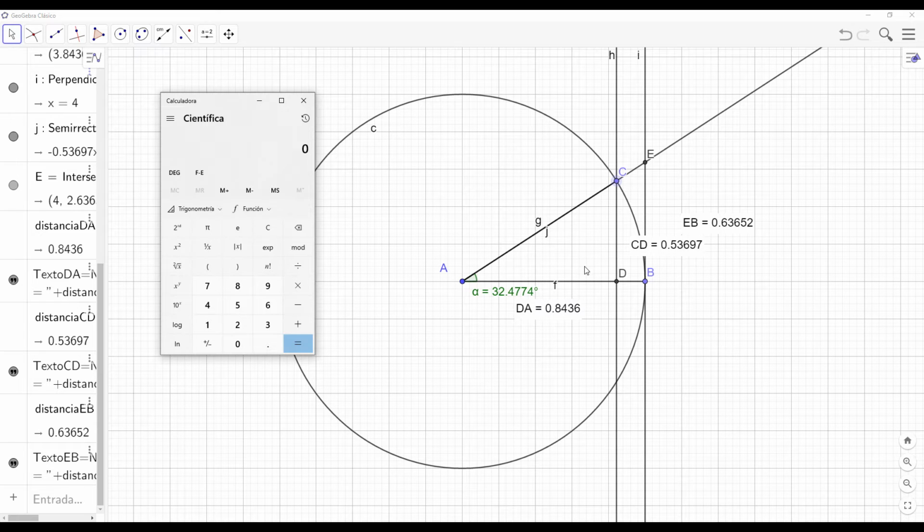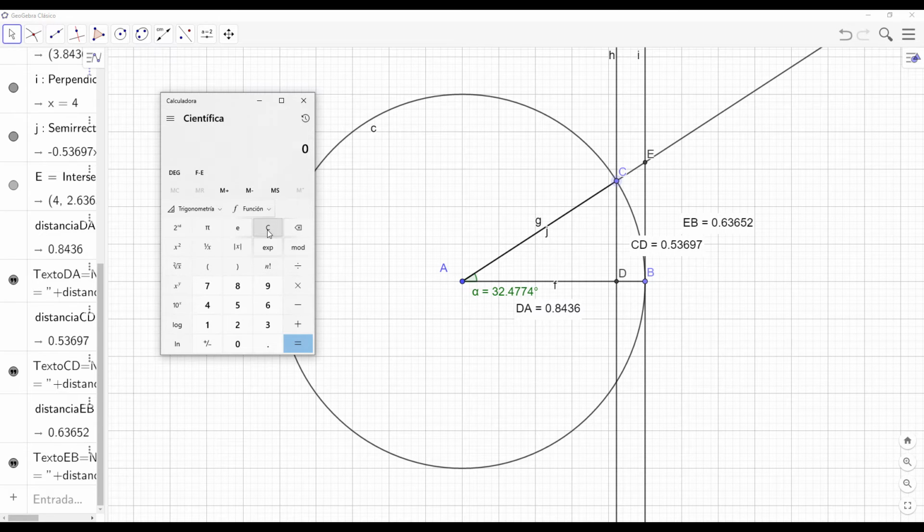Okay, now the trigonometric functions have values. For example, here, this is an angle of 32.47, 74. If you calculate the sine of that angle here, sine, dot 5369, this is the sine of that angle.